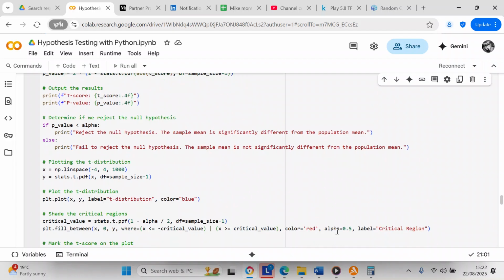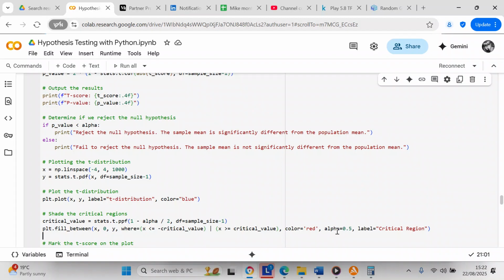Critical value equals stats.t.ppf, and ppf stands for percent point function, brackets 1 minus alpha divided by 2.